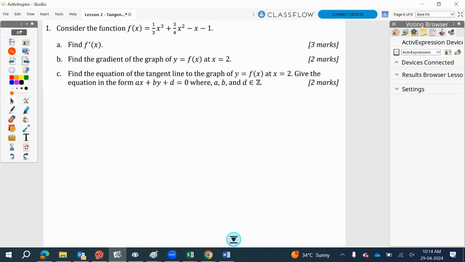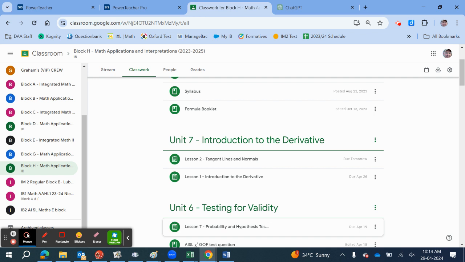Exam style question. We'll do it together. Start off by doing the first part yourself. Start by finding the gradient, the derivative yourself.